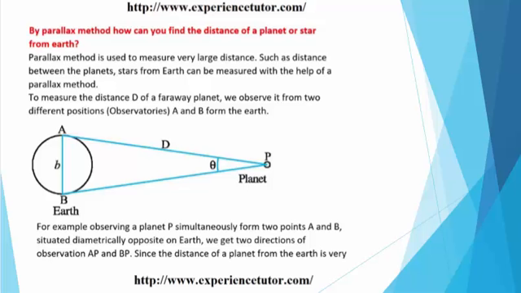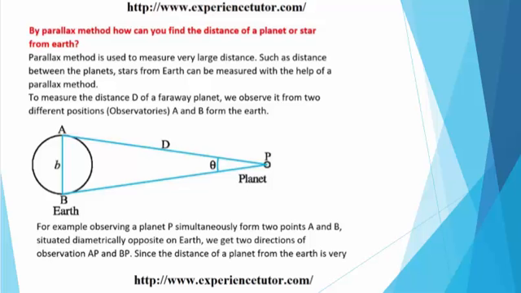For example, observing a planet P simultaneously from two points A and B situated diametrically opposite on the Earth, we get two directions of observation, AP and BP.